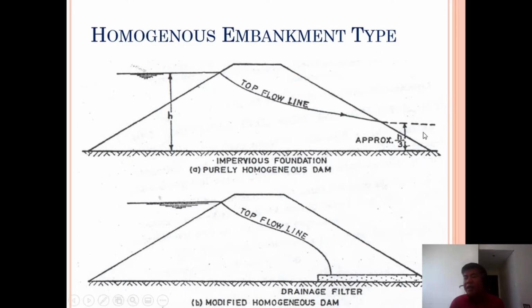So we have to take care of this, especially for earth material or earth dams, where this is also very weak, since the pressure of the seepage will go through this area. So this part will be washed away easily. What they do is include a filter below this area, below the structure, so you have the drainage filter.